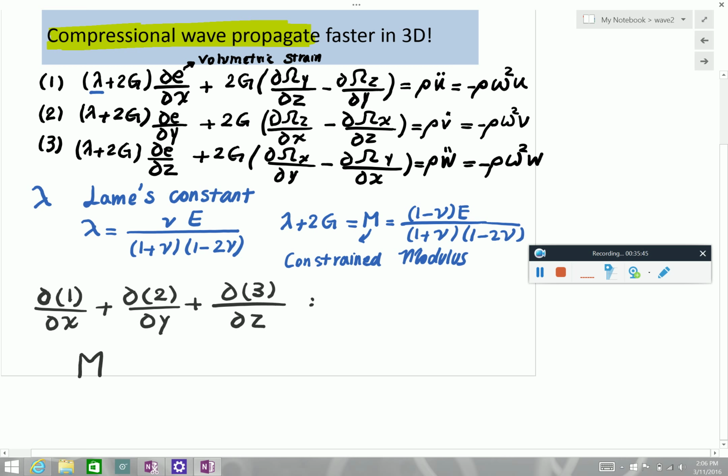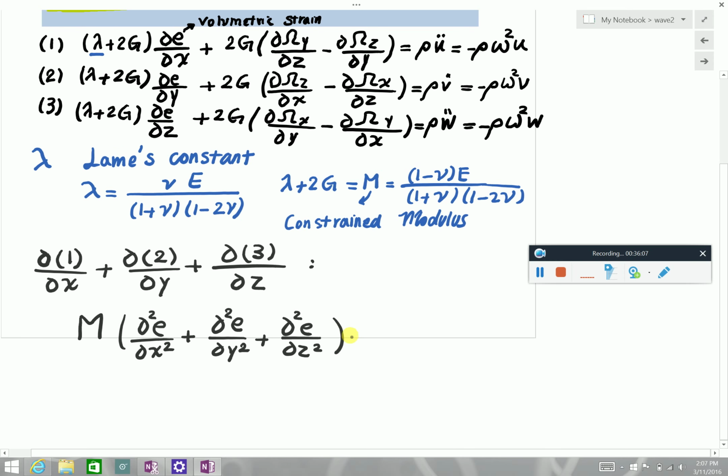If we sum everything up, m times the second derivative of e with respect to x, the second derivative of e with respect to y, the second derivative of e with respect to z, is equal to the first derivative of u with respect to x, the first derivative of v with respect to y, the first derivative of w with respect to z, which is nothing else but the volumetric strain.